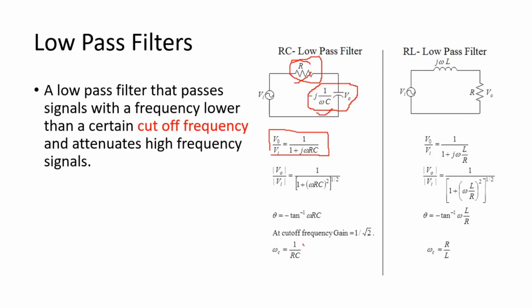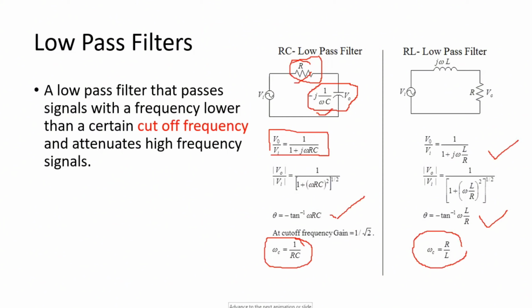So the cutoff frequency for the RC low pass filter is 1 over RC. The cutoff frequency for the RL low pass filter is R over L. So you can actually have a plot of these circuits as well as the transfer function of this circuit.